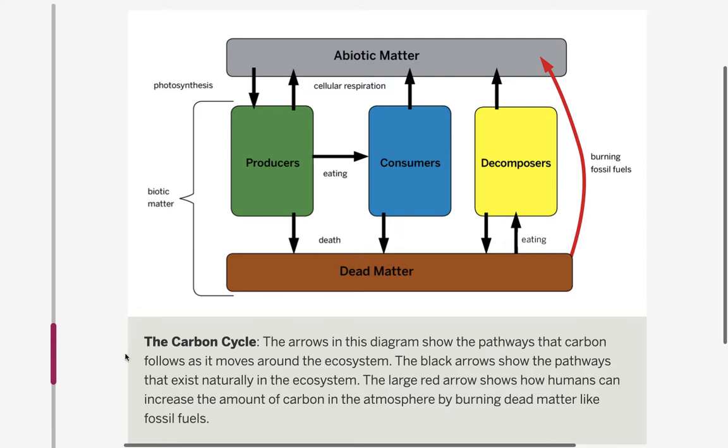The carbon cycle. The arrows in this diagram show the pathways that carbon follows as it moves around the ecosystem. The large black arrows show the pathways that naturally exist in the ecosystem. The large red arrow shows how humans can increase the amount of carbon in the atmosphere by burning dead matter like fossil fuels.